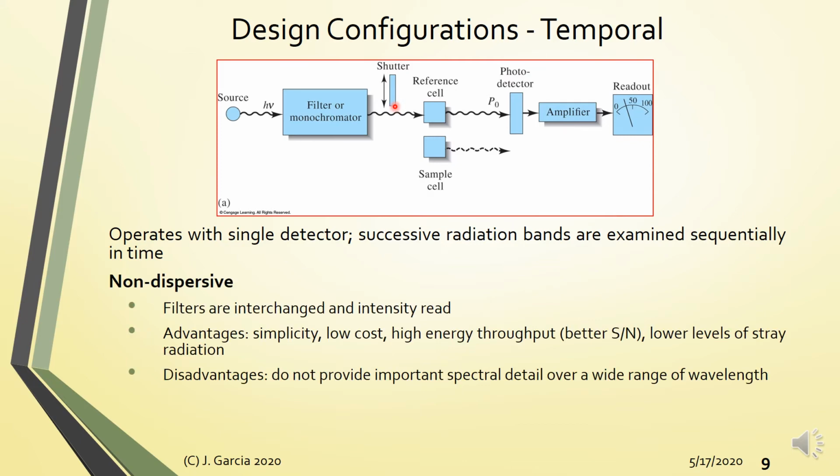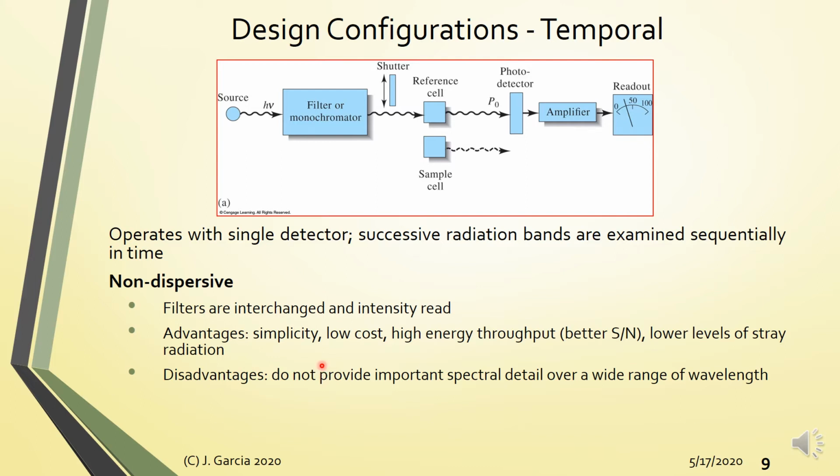So, for non-dispersive single beam instruments, when you say non-dispersive, you have filters. So you have to interchange filters depending on the wavelength you are interested in. The disadvantage of using filters is that you would not be able to produce your spectra.